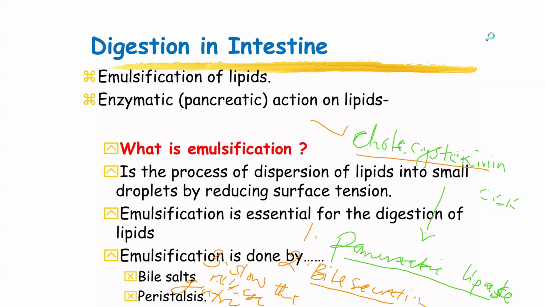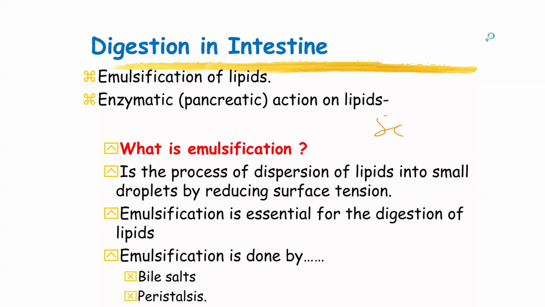And then another hormone that is also found in the small intestine is called secretin. The major function of secretin is the release of watery fluid rich in bicarbonate by the pancreas.